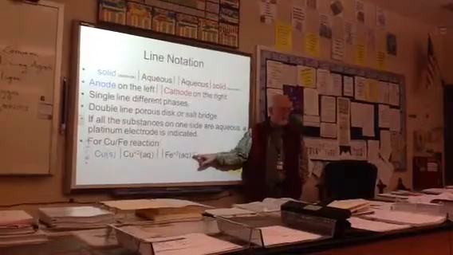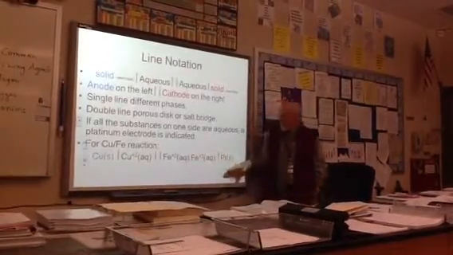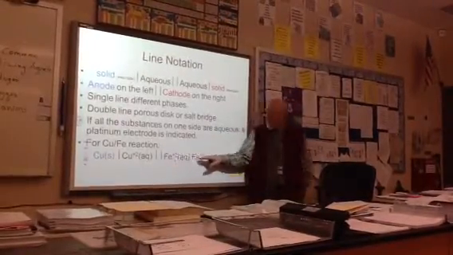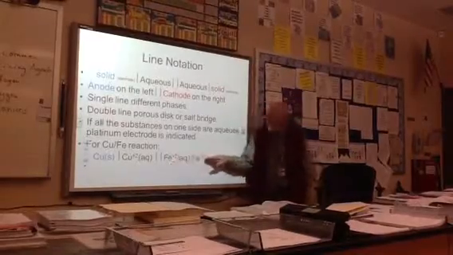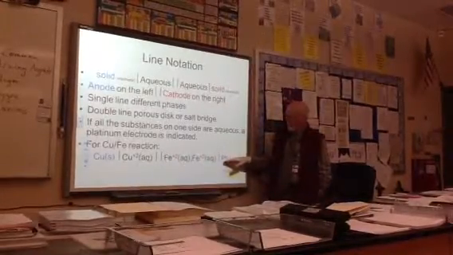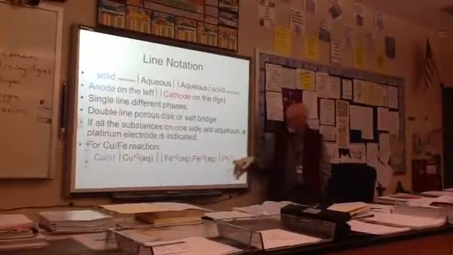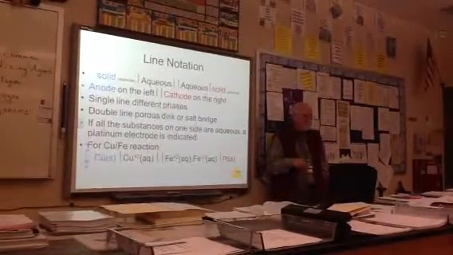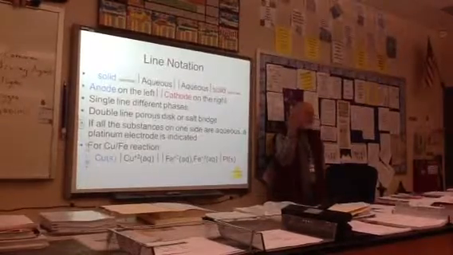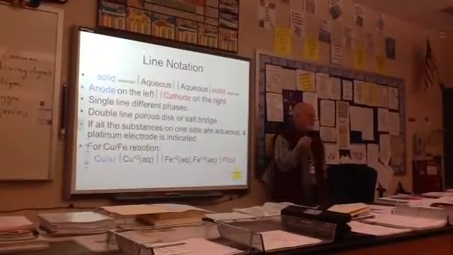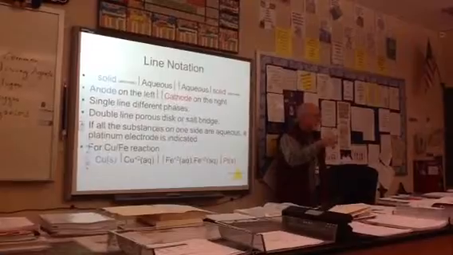That's not a metal. So I have to list my aqueous species in order, but I also have to put in a new electrode, since these aren't electrodes, so I use platinum here. And why do they use platinum? It's inert. It doesn't start decomposing, and it doesn't plate out very well.